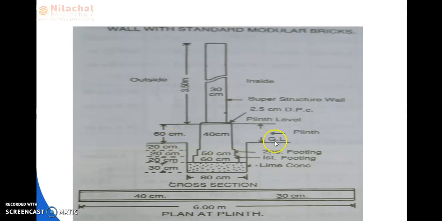Then we consider the 10 centimeter below the ground level. 4.10 plus 0.10. 10 centimeter is equal to how many meter? 0.1 meter. So the total height is 4.2. That is, 0.1 below ground level plus the plinth height of 0.6 meter is 0.7, plus superstructure height 3.50 is equal to 4.20 meter.